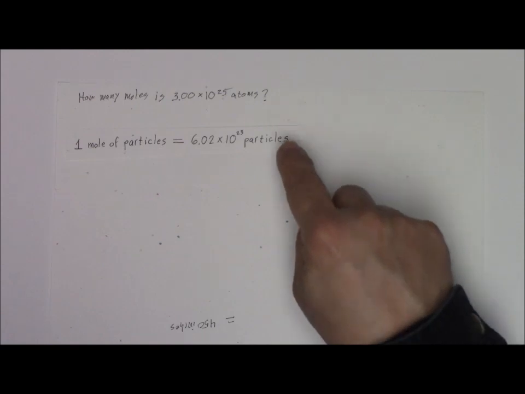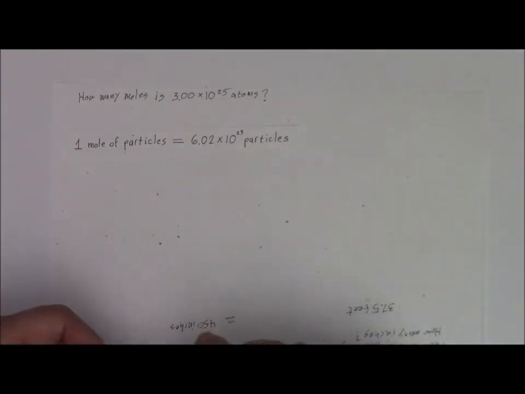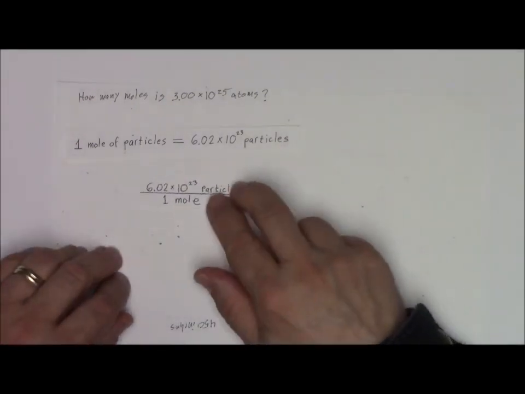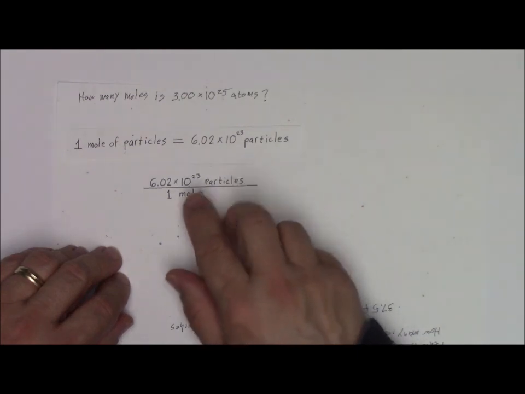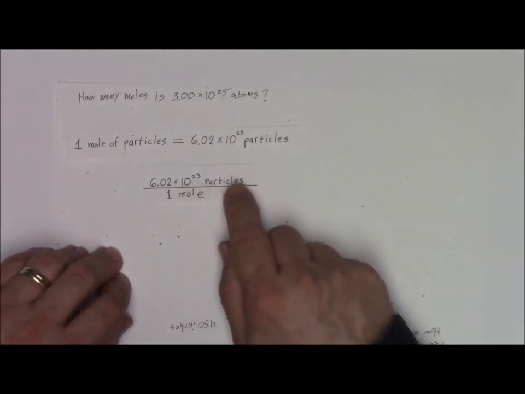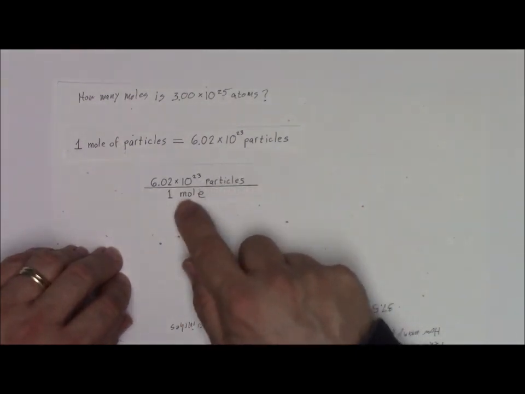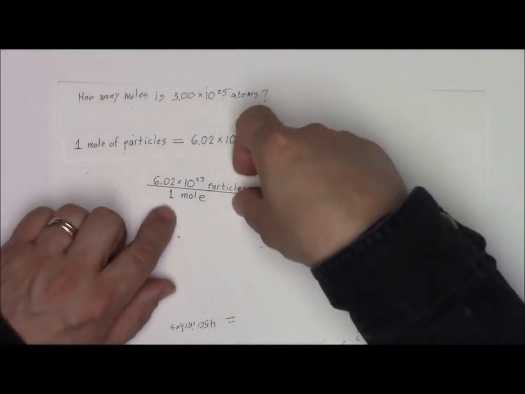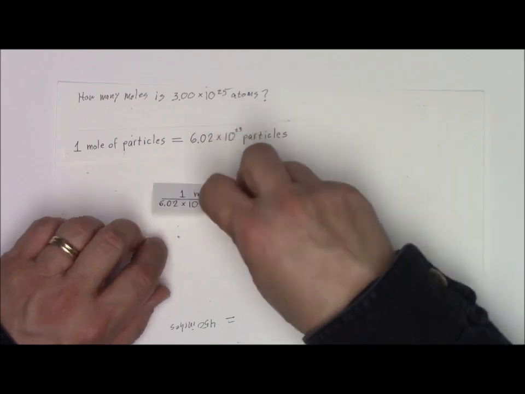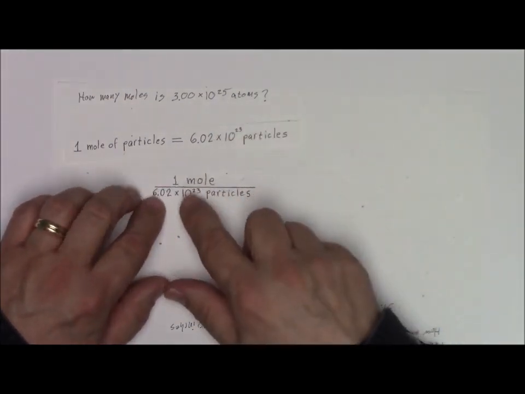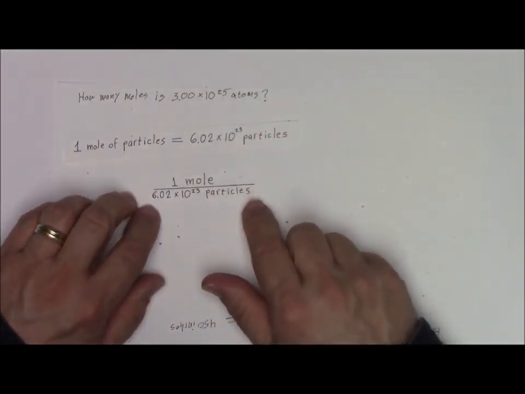Now I can use that equation to come up with a conversion factor. My conversion factor is 6.02 times 10 to the 23rd particles per mole. That's a conversion factor. The flip side is also a conversion factor: 1 mole per every 6.02 times 10 to the 23rd particles.